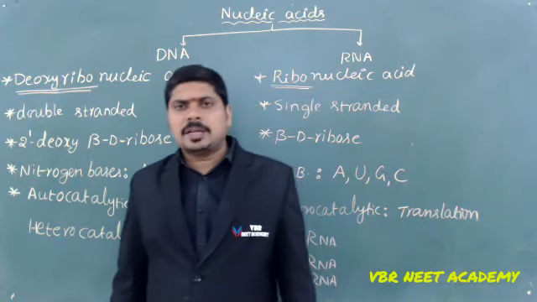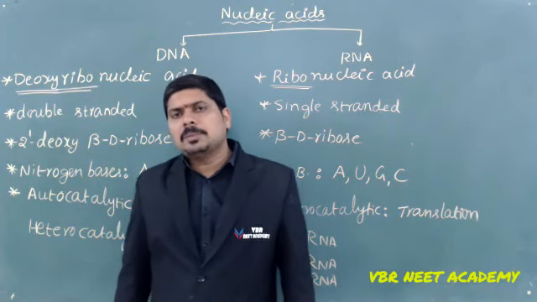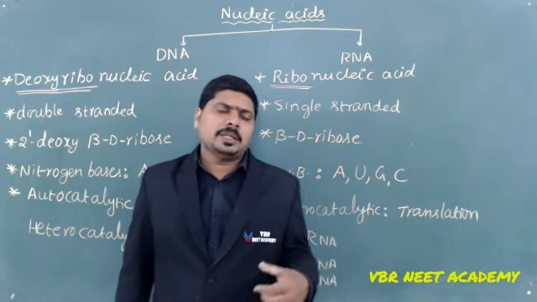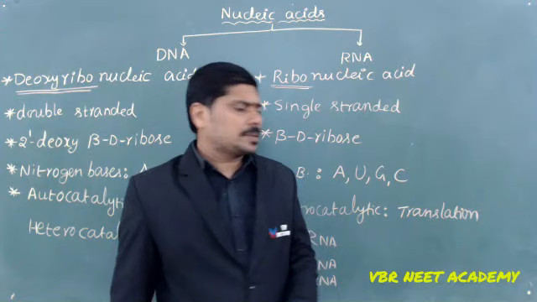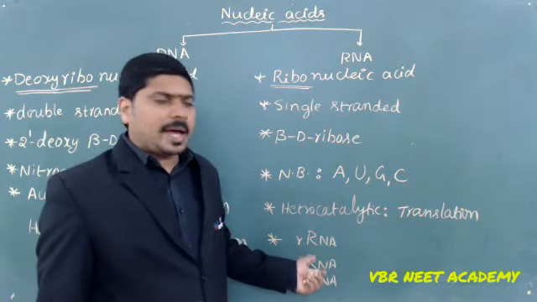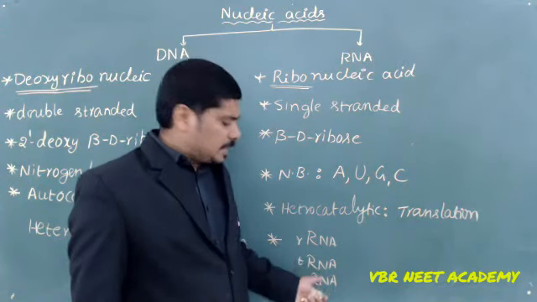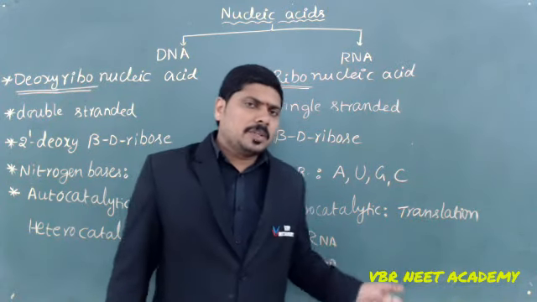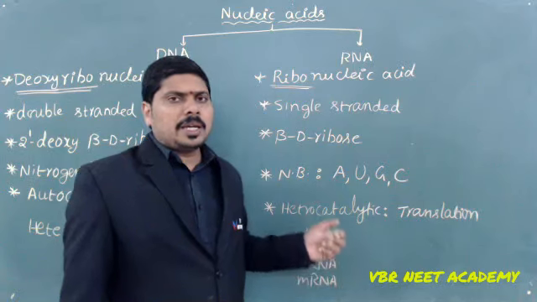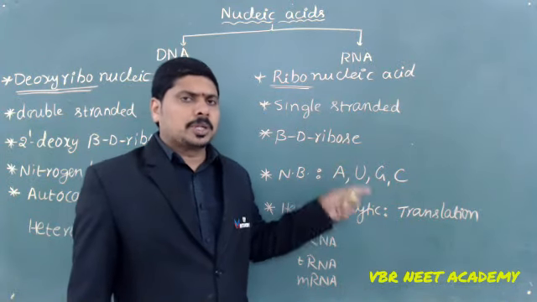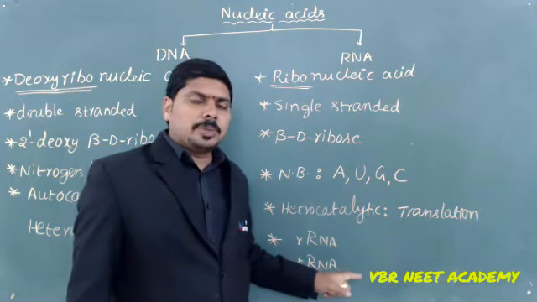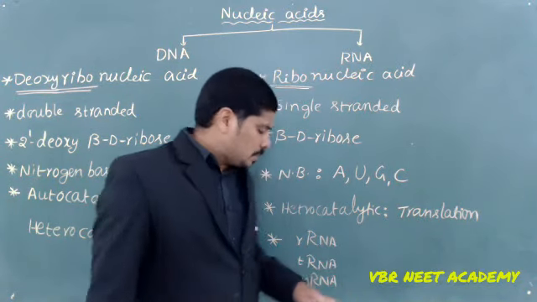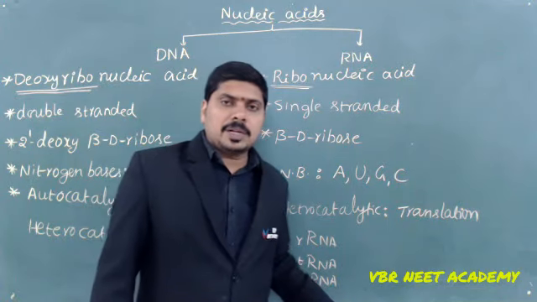Functionally, DNA will not have any differences, but structurally we have aDNA, bDNA, zDNA, which have some structural differences. Whereas RNA has three types: rRNA, tRNA, mRNA. rRNA is ribosomal RNA, which is present in ribosomes and gives a platform, a workbench, for protein synthesis. tRNA is useful for transporting amino acids to the protein synthesis site. mRNA is very important for us, as it provides the genetic code.